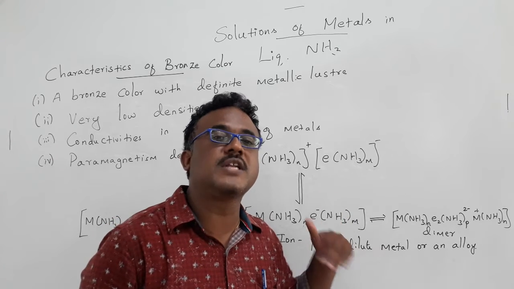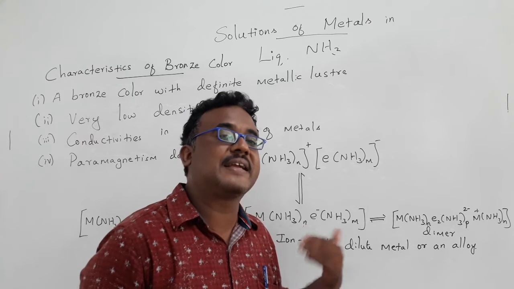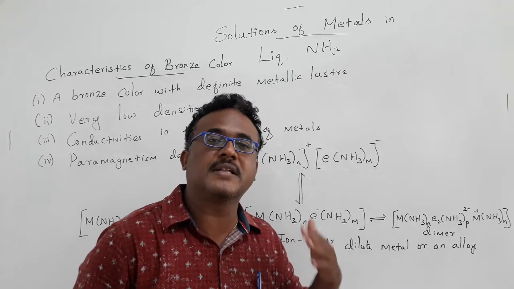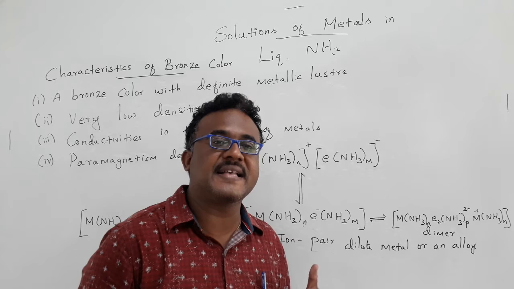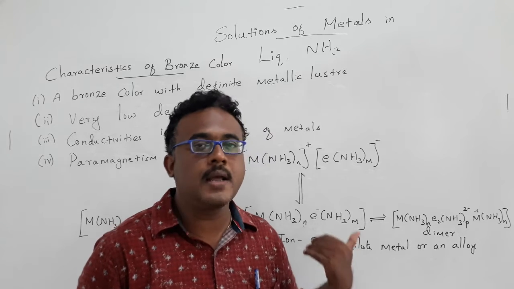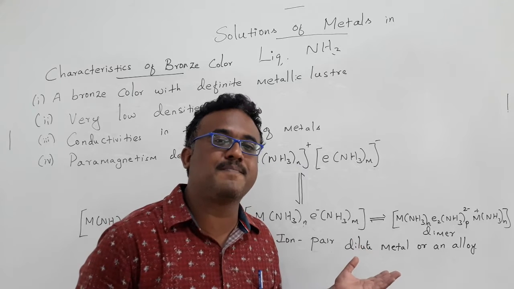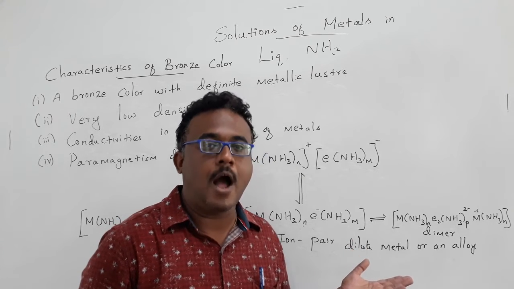For example, if you used alkali metals, you will get back alkali metals. If you used alkaline earth metals such as magnesium or calcium, after you evaporate the solvent liquid ammonia, you can get back calcium or magnesium metal. This is one more interesting feature of solutions of metals in liquid ammonia.